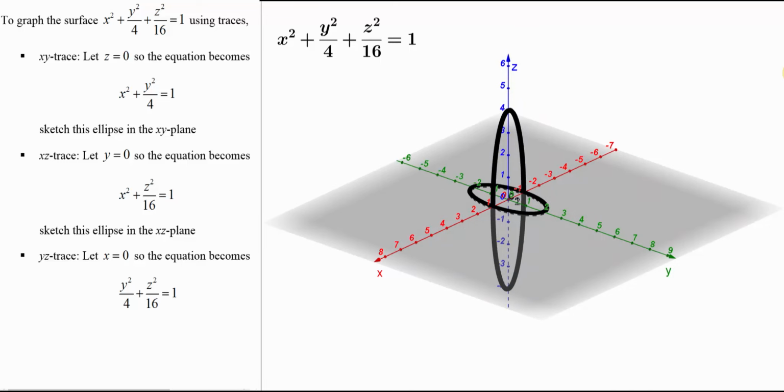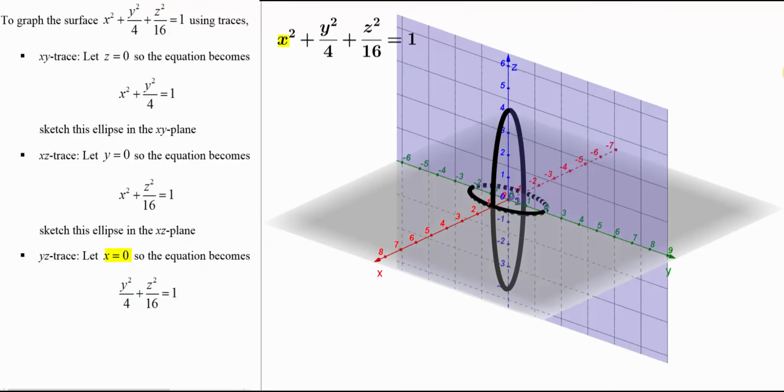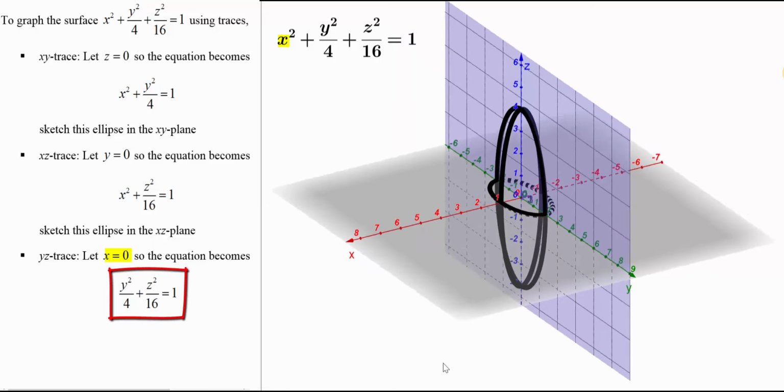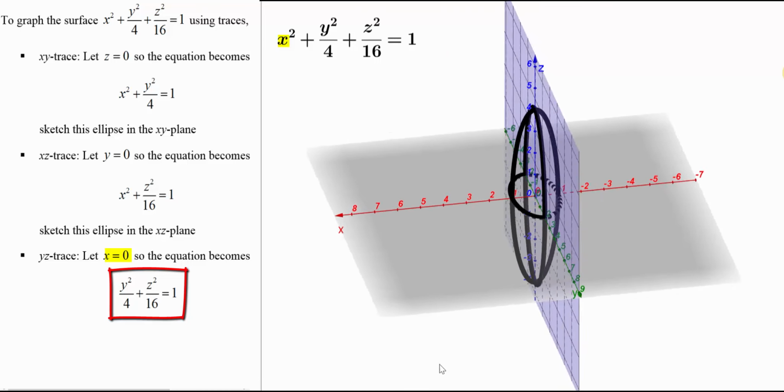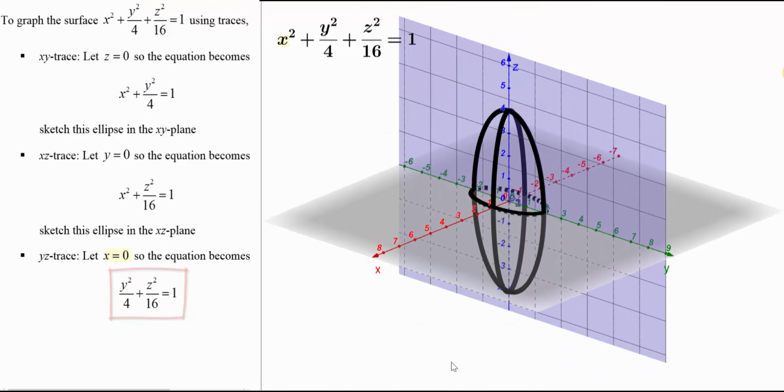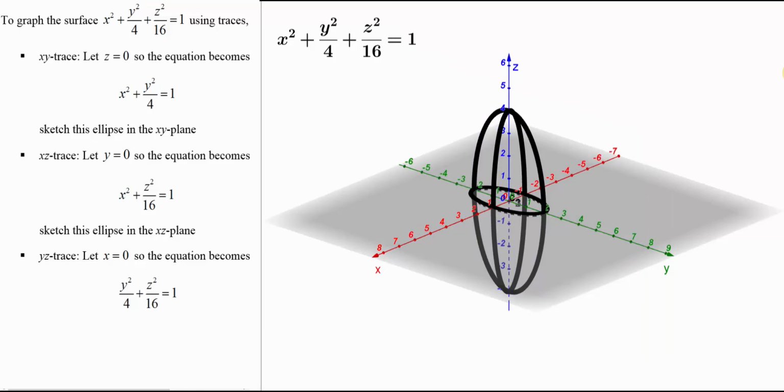Finally, let's look at the yz trace, letting x equal 0. When we simplify the resulting equation, we end up with this equation, which also is an ellipse. Now, just as before, we're going to let z equal some constant k.